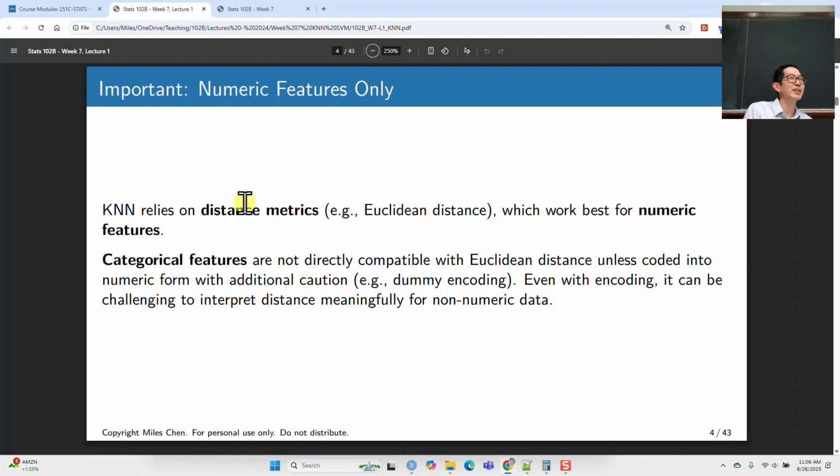What's the distance between red and blue? It's a lot harder to try to quantify. Now you can try to do dummy encoding and code variables as ones and zeros, but then how far apart are 0 and 1?